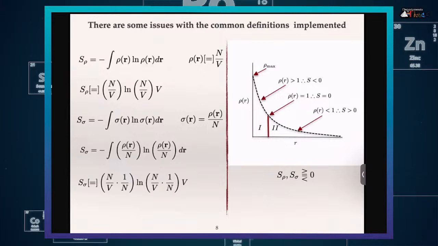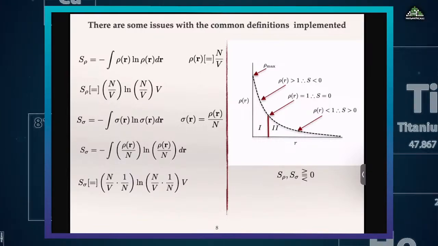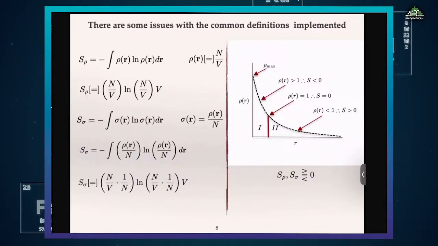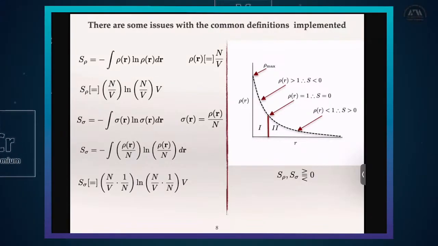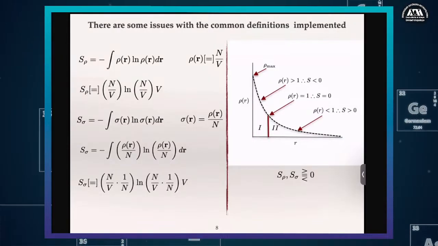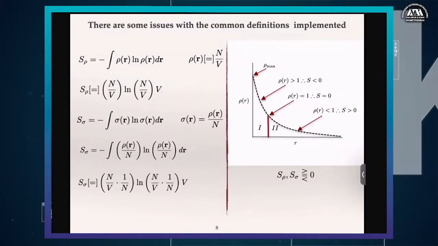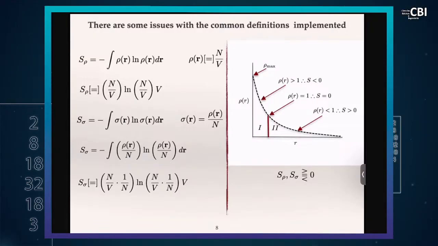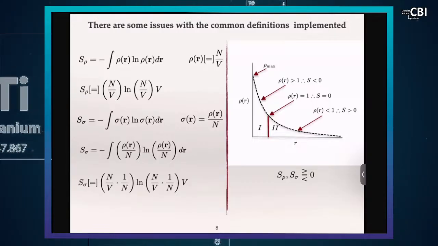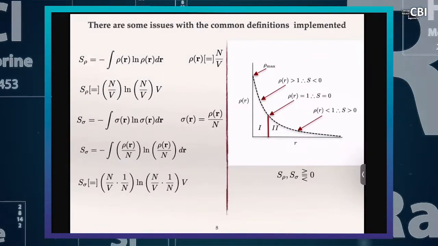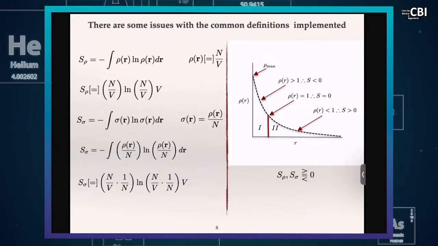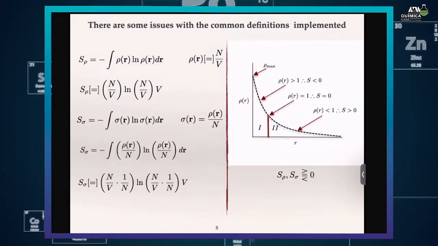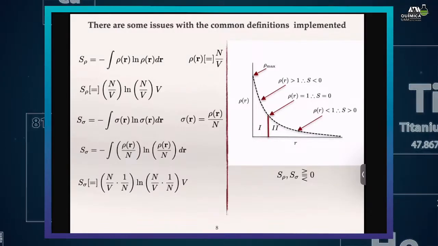At some point the electron density will take the value of unity, and therefore at this point the entropy will be zero. In zone number 2, the values of the electron density are smaller than unity, and therefore the entropy will be positive.